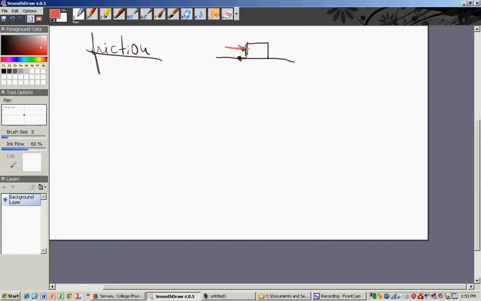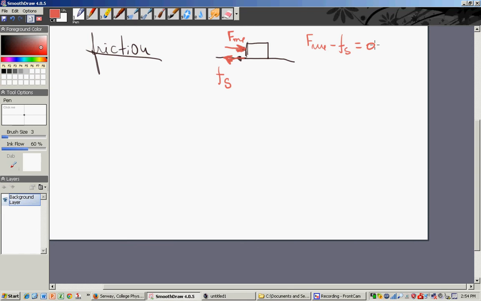So if you were to come up with your free body diagram, it would be a forward force that is exerted by you or me, F me, and there is a reactive force called static friction, Fs, that matches the force that you exert on the block.